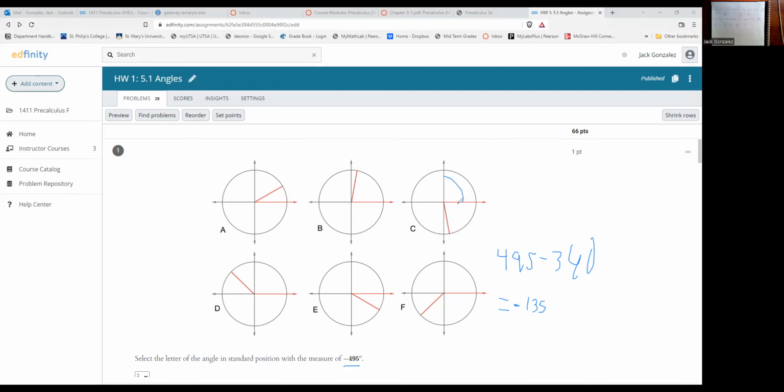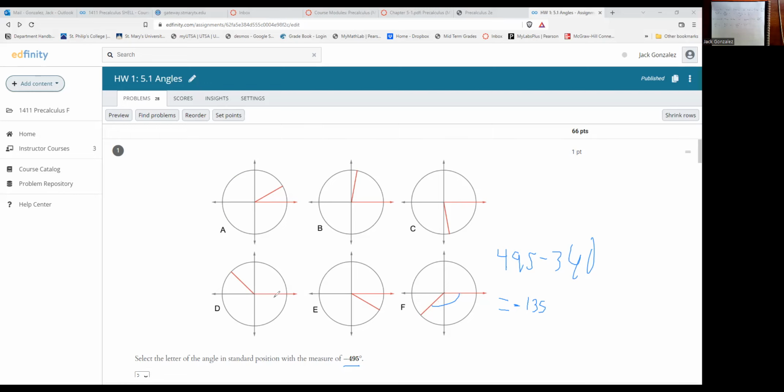Going from here to here is 90, here to here is 180, and here to here is 360. Keeping that in mind, this has to be negative 135. It starts here and goes that way.